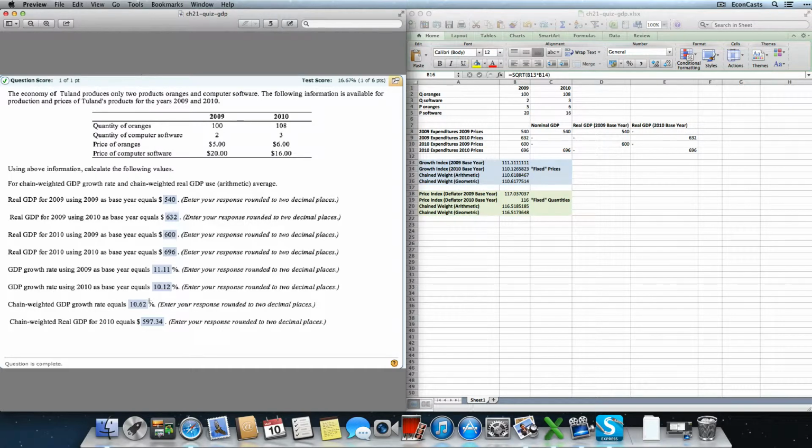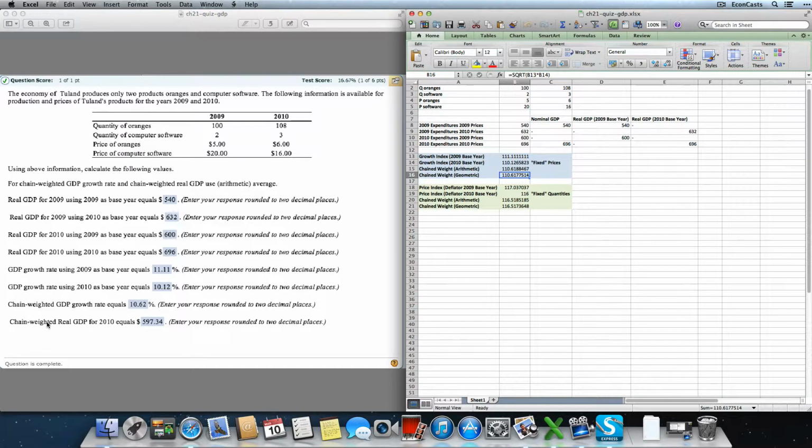Here for our chain-weighted GDP growth rate, we just refer to the arithmetic mean, since that's what the question is asking for. So that's a 10.62% increase in GDP from 2009 to 2010. Now the next question is asking what the chain-weighted real GDP for 2010 is. And the way we're going to get that is we just simply take our 2009 real GDP, which was 540.